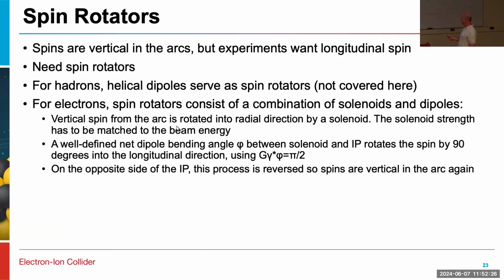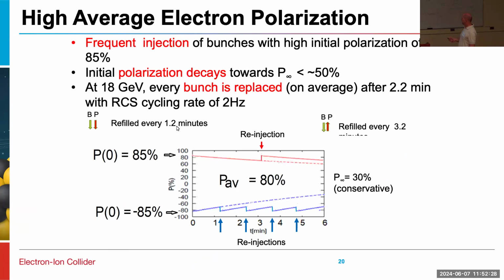For polarizing the beam, are you using microwaves or any other method? And also, to measure the polarization, is it some NMR system that you are using? To measure the polarization, we use Compton scattering. You shoot a laser against the beam, and then you get an asymmetry depending on polarization. And to generate polarized beams, the beam is generated at a photocathode.